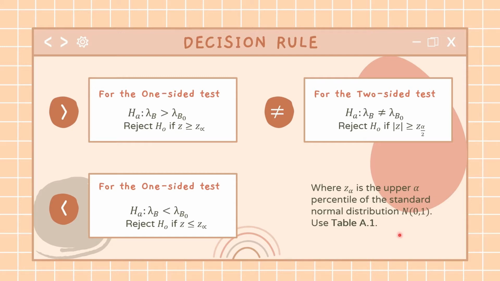And we use table 8.1 kasi standard normal to. Makikita natin mamaya kung bakit naging ganito yung decision rule natin ay dahil sa pag-formulate ng test statistic natin kung saan kinuha natin yung mean and variance under H null nung test statistic natin lambda of B, tapos in-standardize natin.